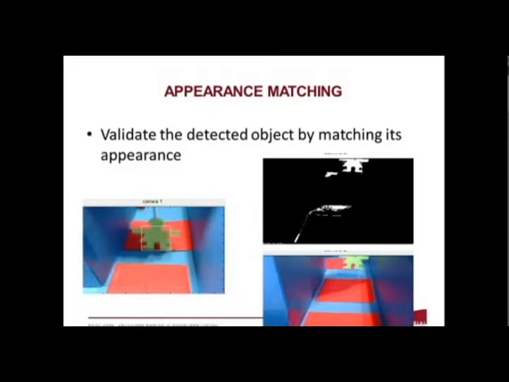Which blob is the right one? We need to record the appearance of the object in camera 1 and then match each blob with the appearance to see which one is the most similar. Finally, we got the right one by appearance matching. Here is the result.